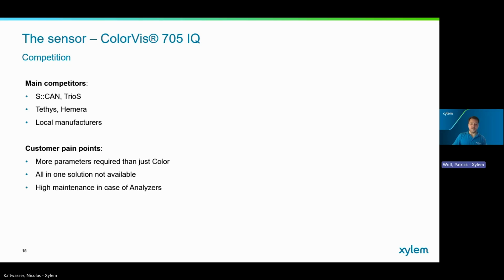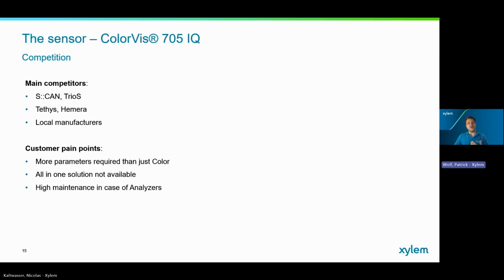And the pain points of customers using these instruments are that they might need more parameters than just color. And some of these manufacturers are not providing that many parameters in their portfolio like we do. So we could have a match here that we provide something which others don't.